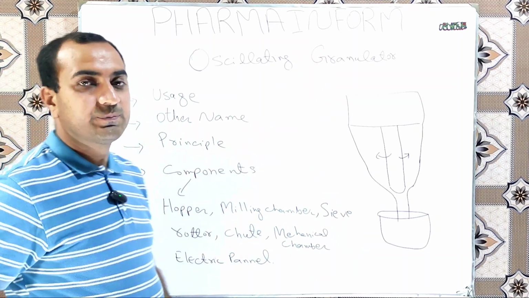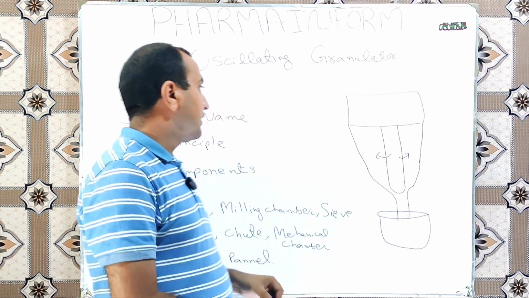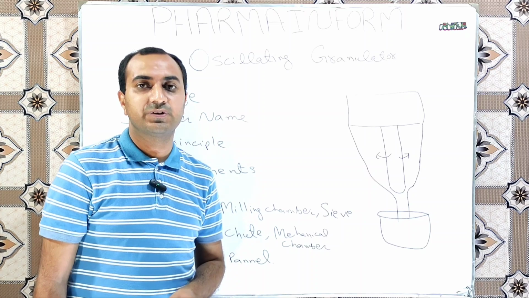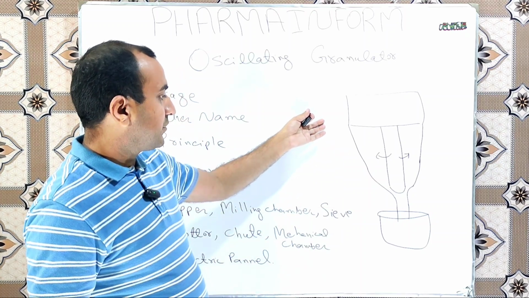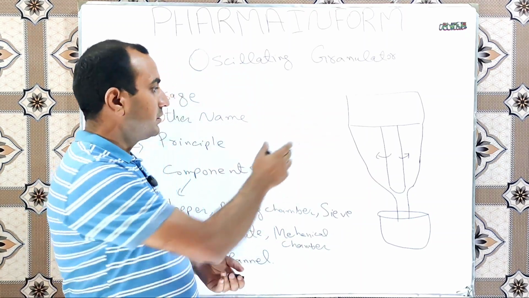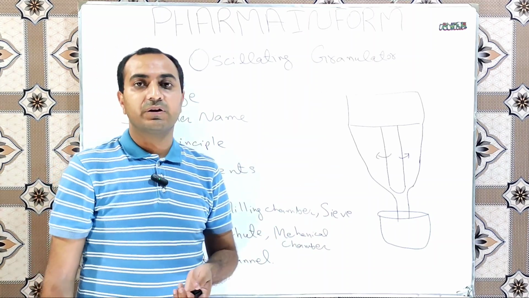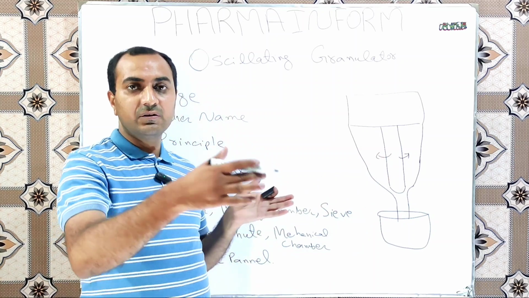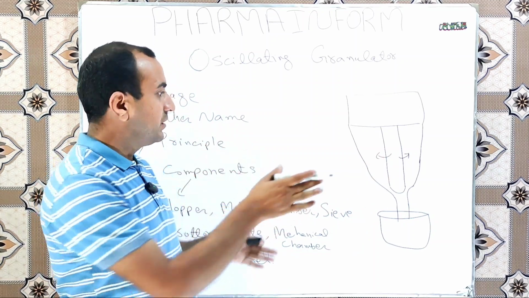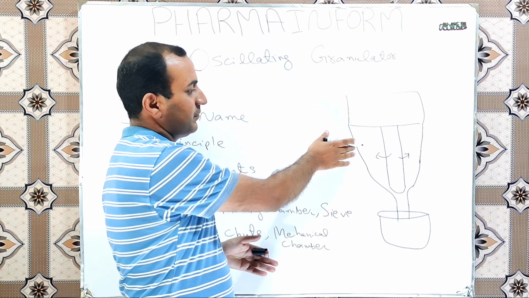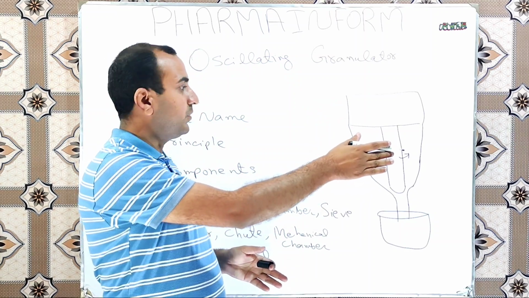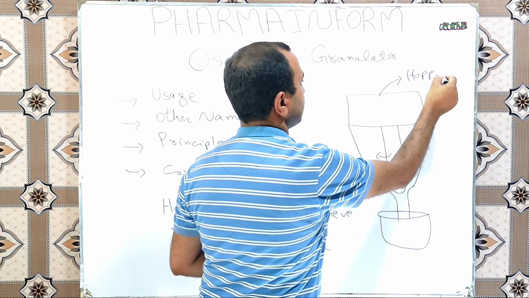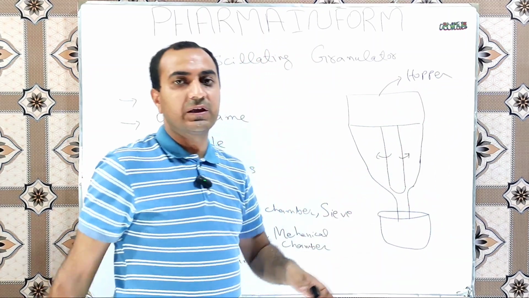So what is the principle of the oscillating granulator? If you have not watched an oscillating granulator in pharmaceutical industries, I tried to draw a rough diagram. Basically, it is a vertical diagram, but practically it is horizontal. Here we have the hopper, from where we feed our granules.